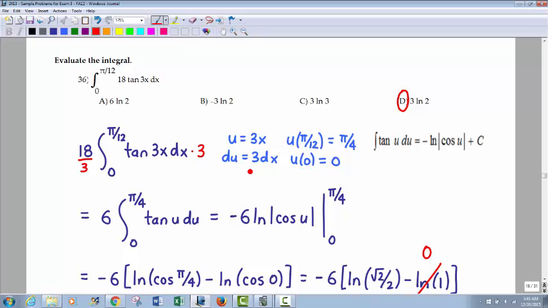So you have to divide both sides by 3. I don't know why this needs to be there. So you'll still end up with 3 on the outside, with the 18 that we have, right?